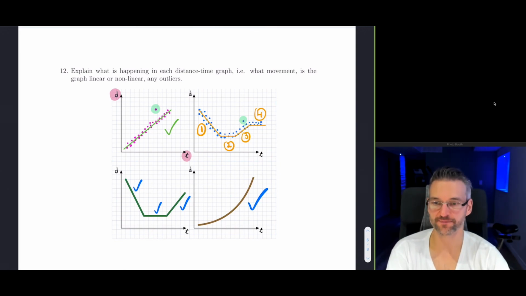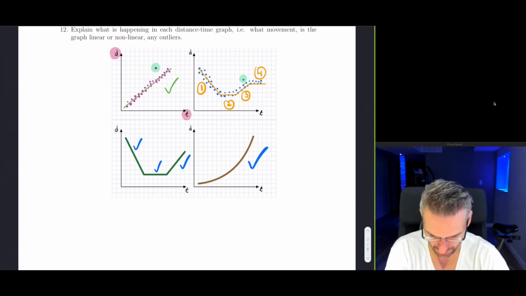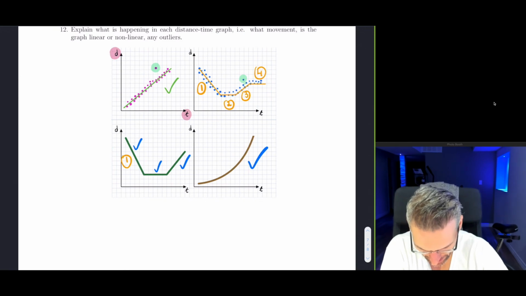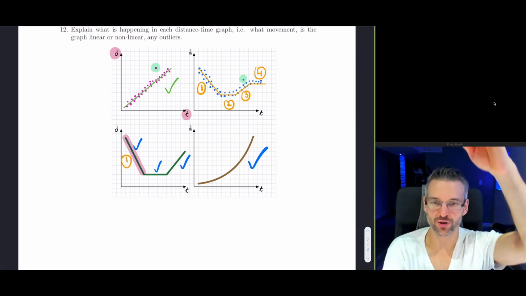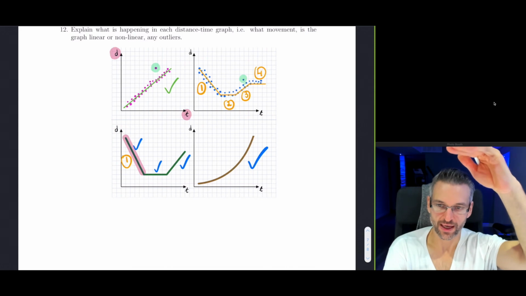The third one is just like the second one. In this piece right here, notice the distance is coming down. So the movement is that we're slowly coming down at a particular rate.